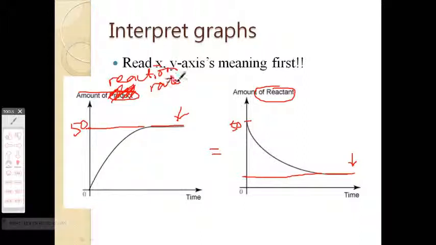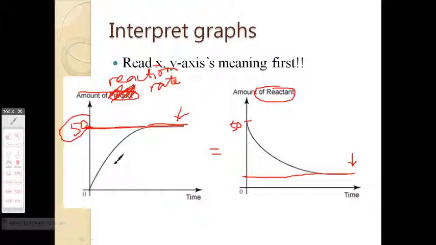If I change it to reaction rate, that means when time goes on, the reaction rate increases, and then it reaches the horizontal line. For this horizontal line, maybe 50 units, the reaction rate becomes stable at 50.